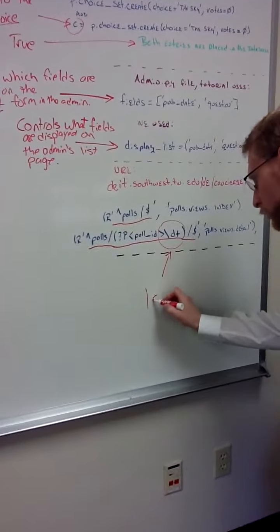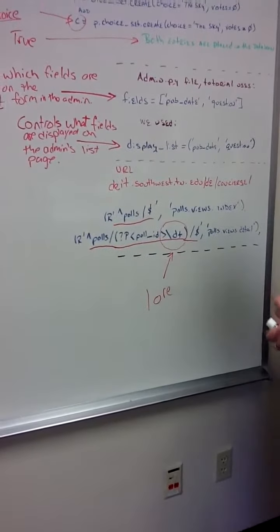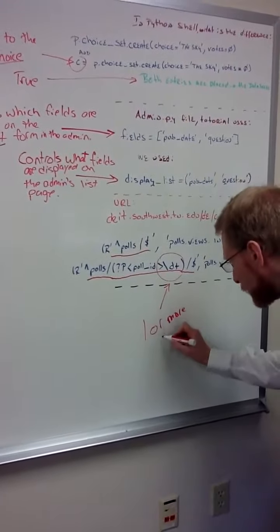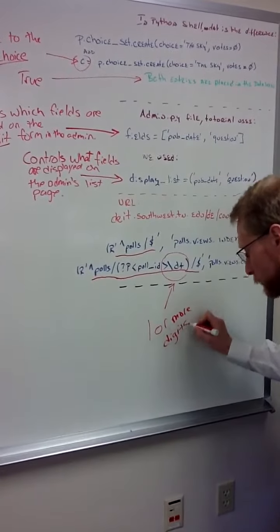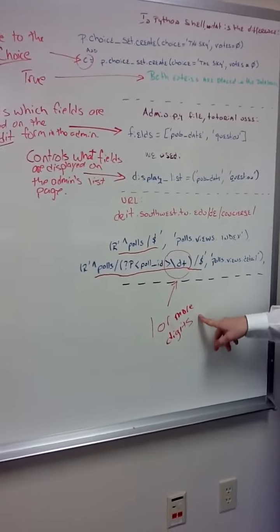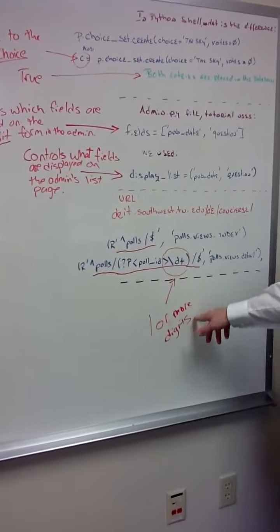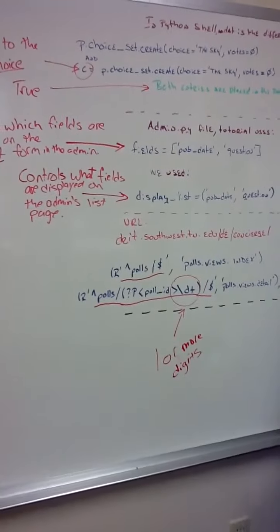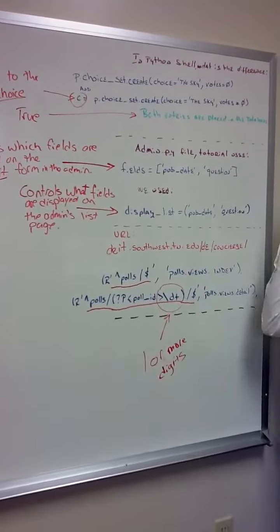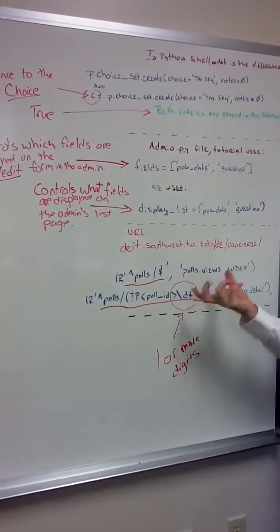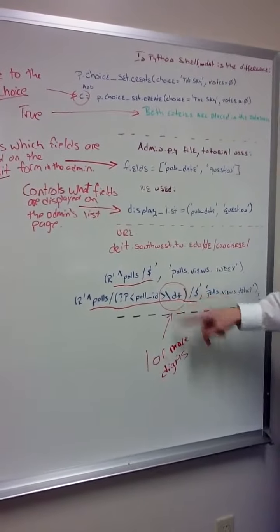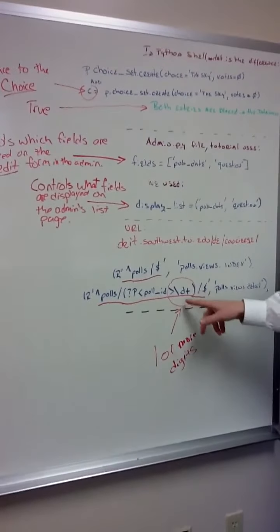That is one or more digits. So 0, 1, 2, 3, 58, 6,522. 0 is considered a digit. You probably are not going to have just a 0, but you could. Anyways, this pattern matches one or more digits, numbers.